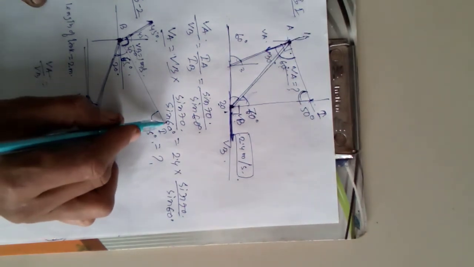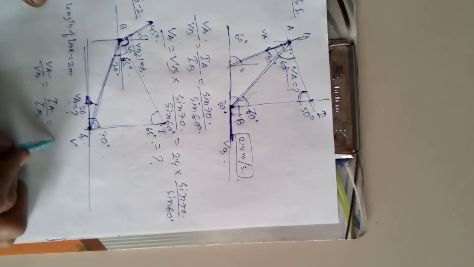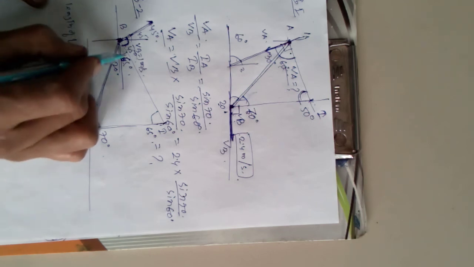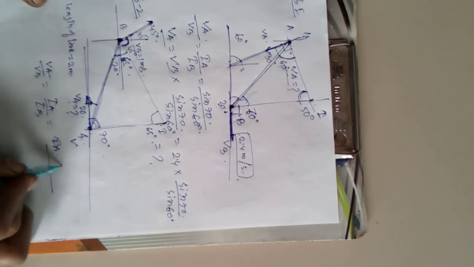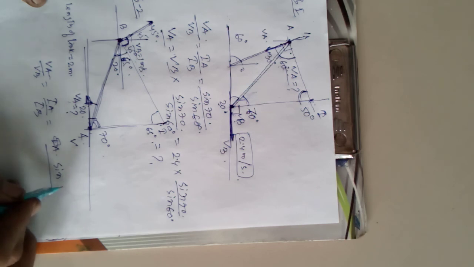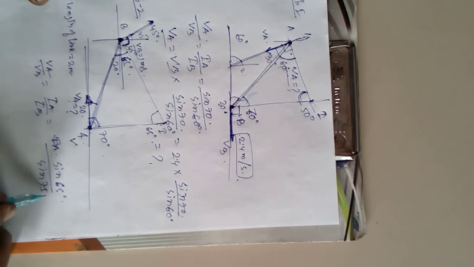So again you use sine law. IA by sine 65 degree and IB by sine 70 degree.